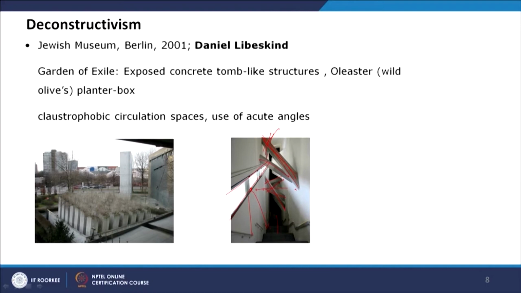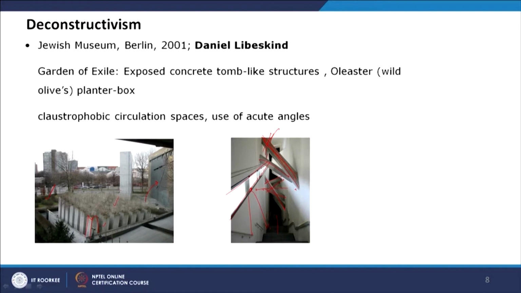And there is also a Garden of Exile. This garden has a series of concrete planter boxes and old olive trees, which also go with a gray tint, and the exposed concrete goes with the gray tint of the zinc cladding. Within the building, most of the elements are gray to depict the sorrow.